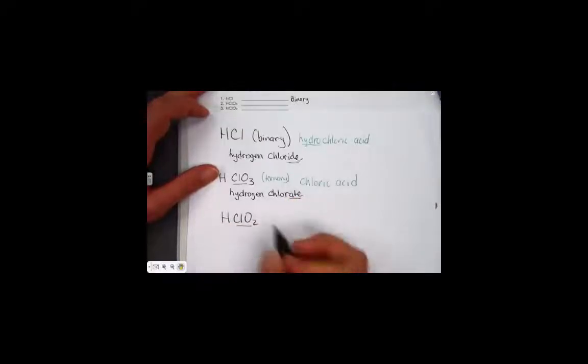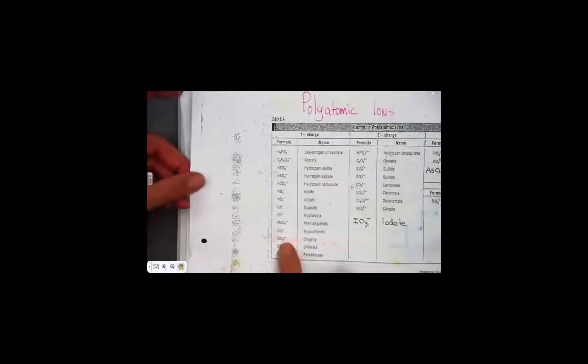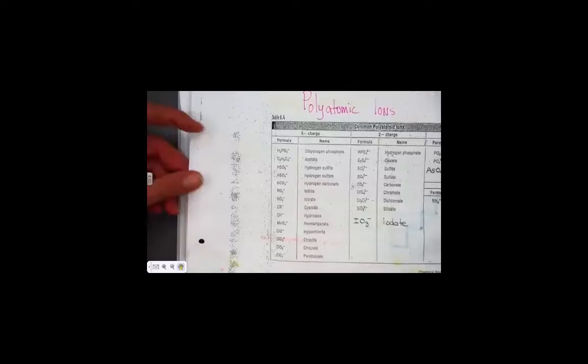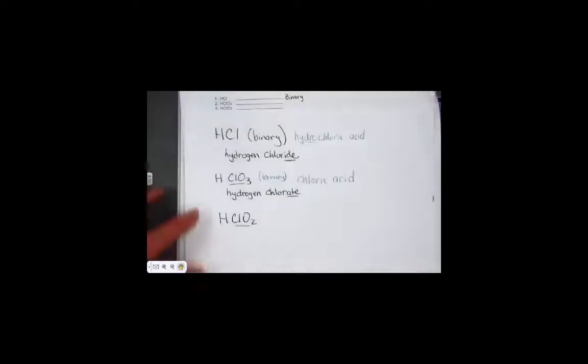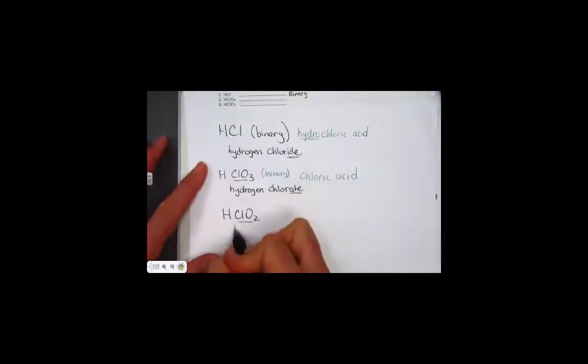Acids start with H. How we name acids all goes by the negative ion. ClO2 is a polyatomic ion who is called chlorite. ClO2 -1, chlorite. We would have named this hydrogen chlorite.